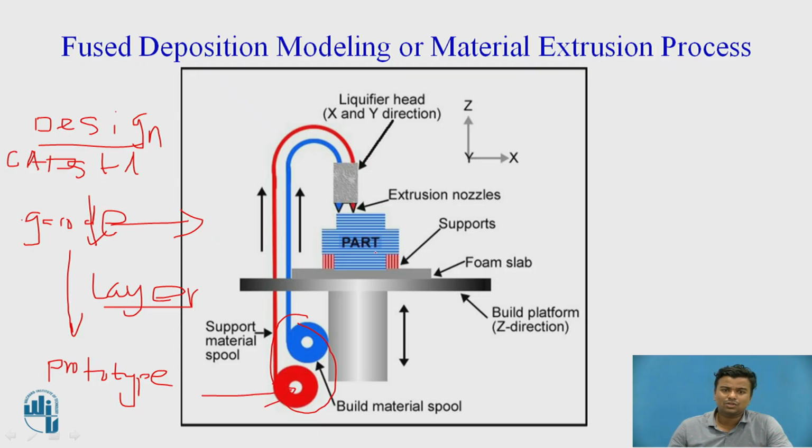In this diagram you can observe the support structures, which provide support to the main built-up component. If I want to develop a part or end product, this other spool is used, that is the build material spool.